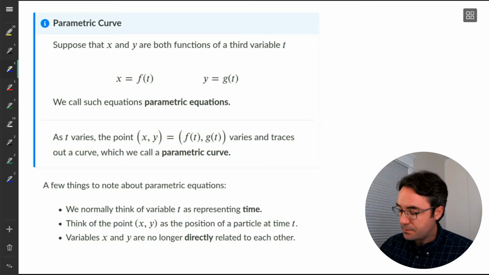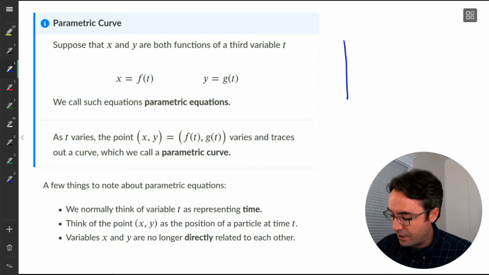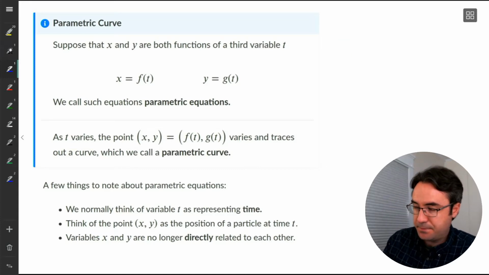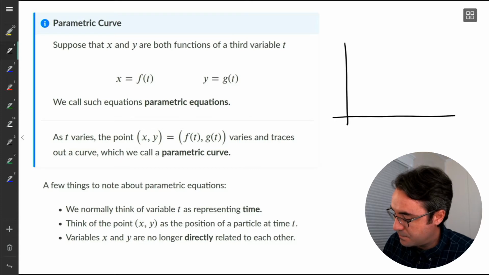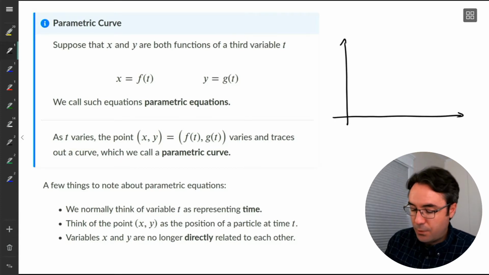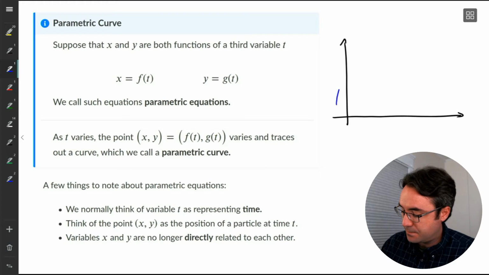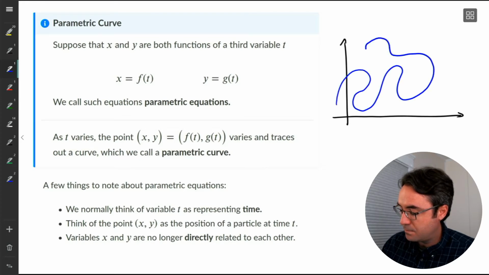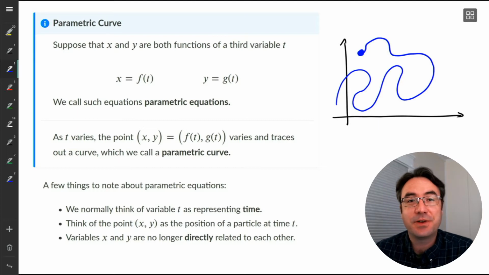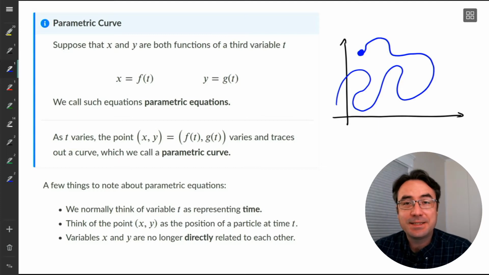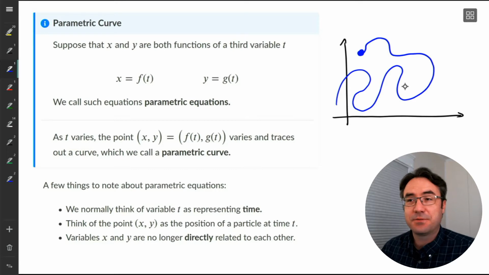And so in our normal xy plane, we might get some kind of really interesting curve here that, as it stands, wouldn't pass the vertical line test or the horizontal line test.